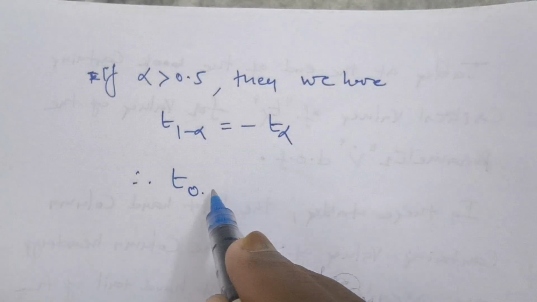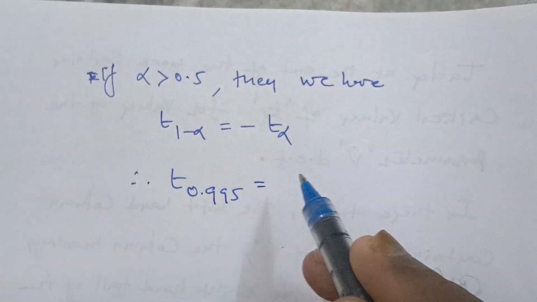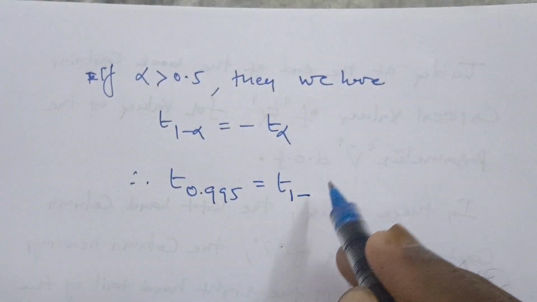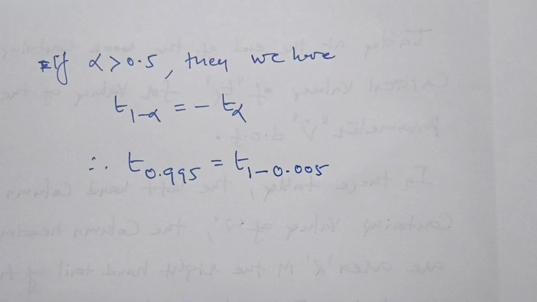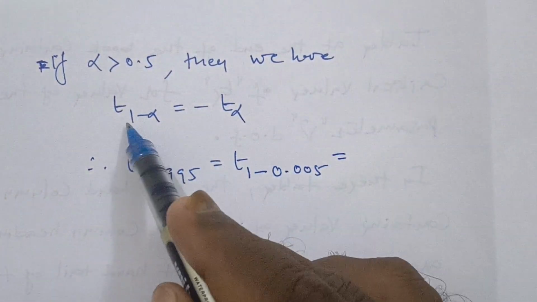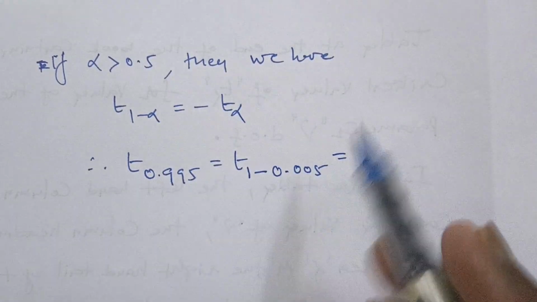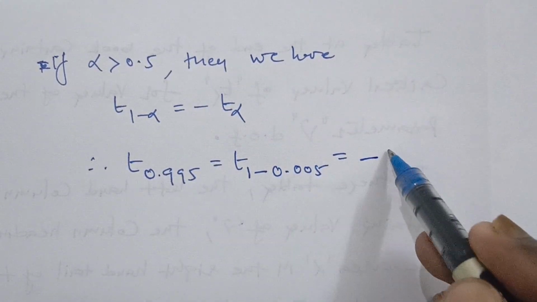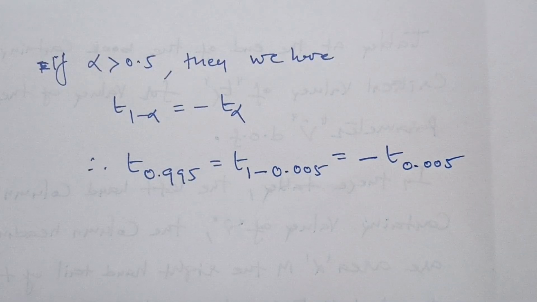So our value t 0.995 can be written in the form of t 1 minus alpha. That is, 0.995 equals 1 minus 0.005, so it equals minus t alpha, where alpha is 0.005.